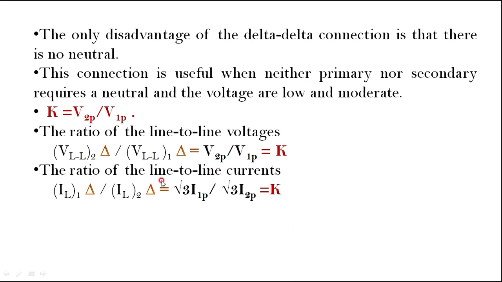That is the ratio of the primary current to the secondary current, because the current ratio is exactly opposite to the voltage ratio, that is IL1 by IL2, in both deltas is root 3 I1P divided by root 3 I2P. Root 3 gets cancelled, it is I1P by I2P, that is also what you are getting. The transformation ratio remains the same for the turns ratio as well as the line to line voltage ratio or line to line current ratio.